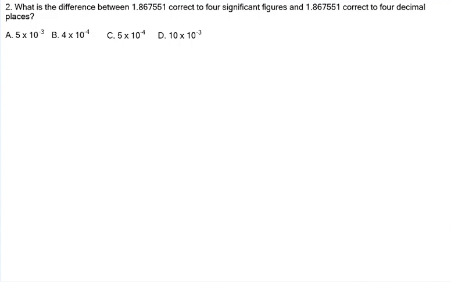For the second question, we are asked to find the difference between this number, correct for significant figures, and the same number, correct for decimal places. So writing out the number, we have 1.867551. So we have to approximate it to 4 significant figures, first of all, and 4 decimal places.